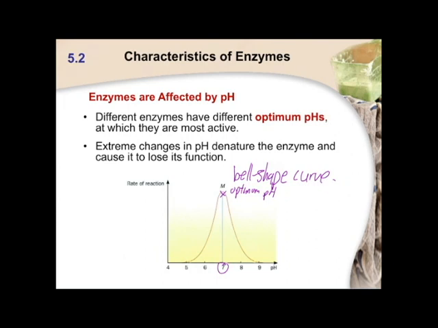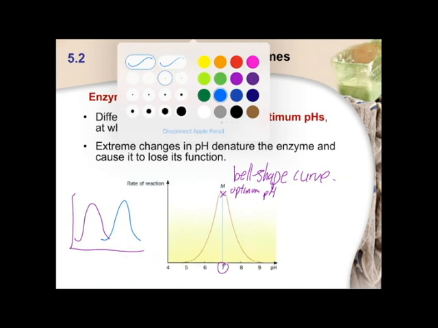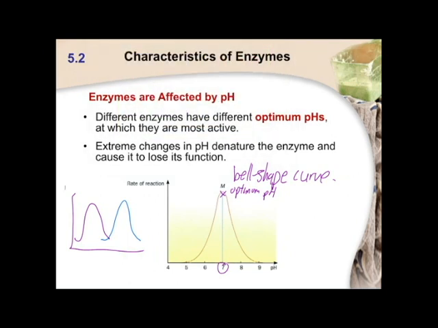No, this can vary. So let's say I have an enzymatic graph that's like that. So I have pH, maybe rate, and these are pH. So I have 3 here and maybe 10 here.